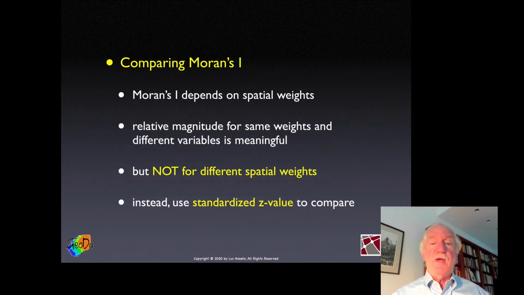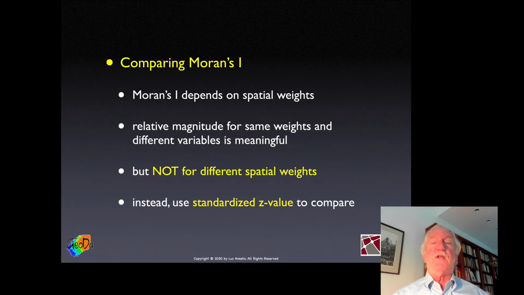Secondly, as I've already mentioned, the Moran's I as such depends on the spatial weights that are being used. So their strict value, once you use different spatial weights, cannot be compared. You use the same weights, different variables, you can't compare them. You use the same variable, different weights, you cannot compare them.